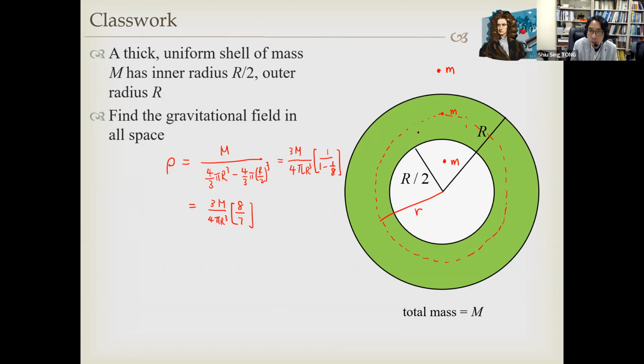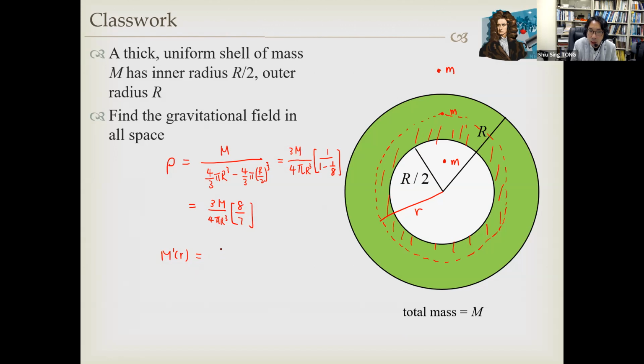And the mass inside, which is indicated here, I call M prime. M prime is a function of r, because a different radius will have a different mass enclosed. So I let it, as a function of r, be equal to what?